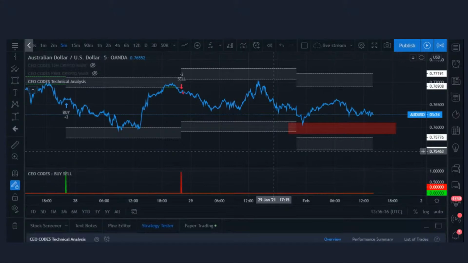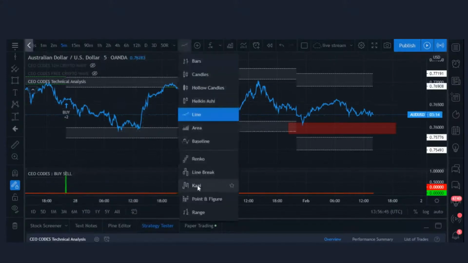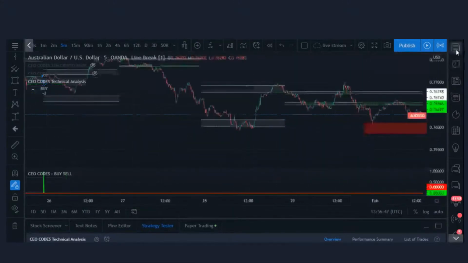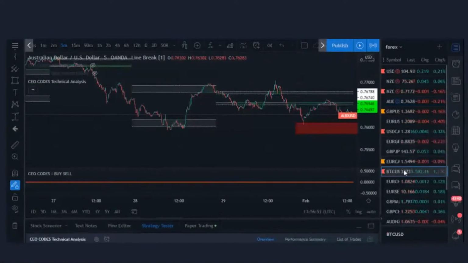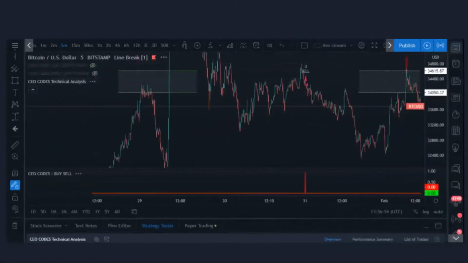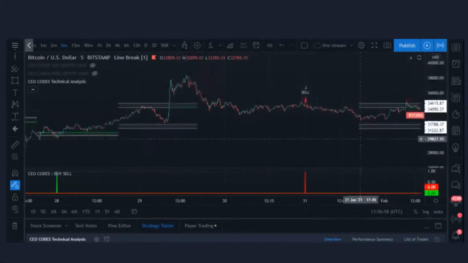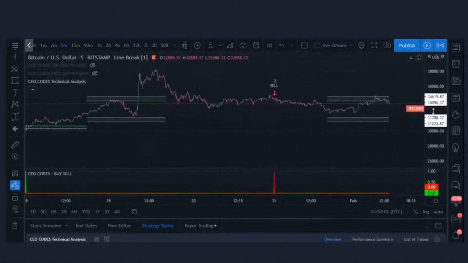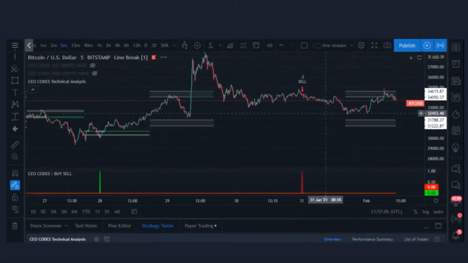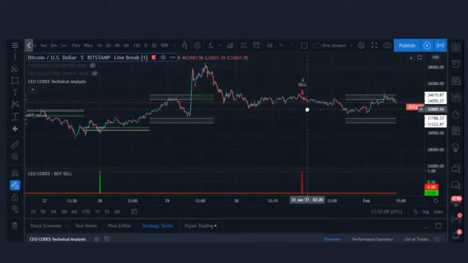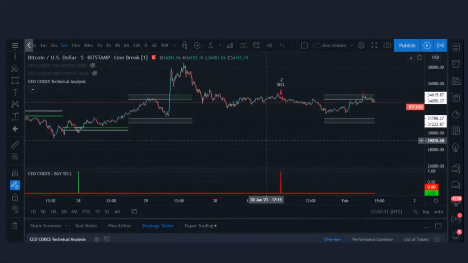Can you show me Bitcoin line break, please? Of course. That's the Bitcoin line break.